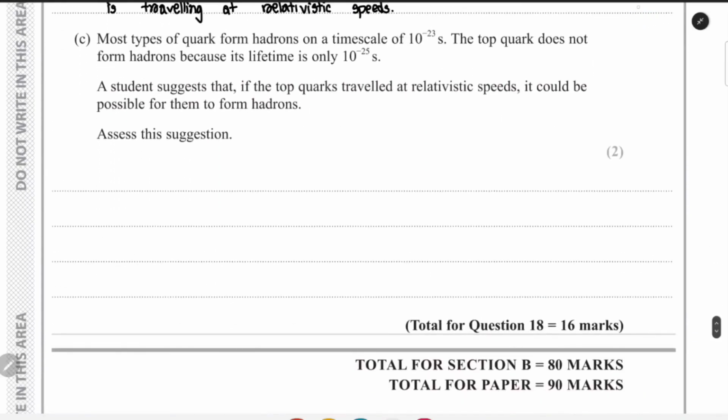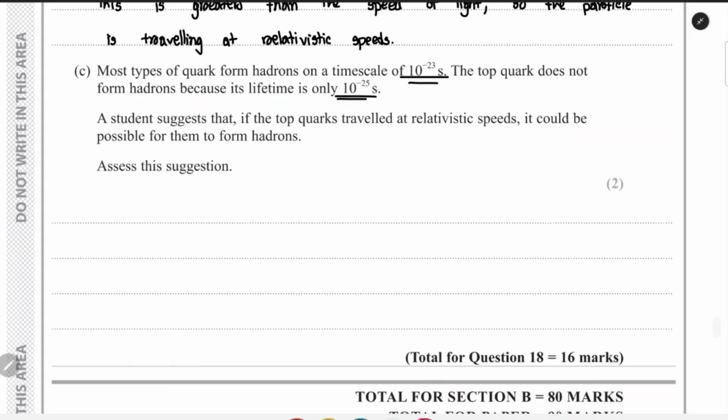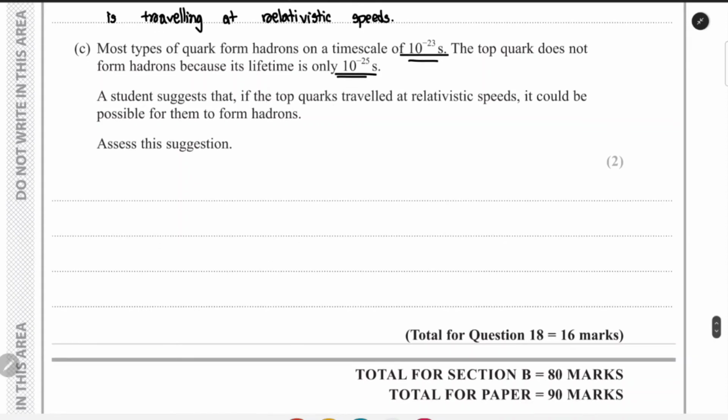Now for the last part, we are told that most types of quark form hadrons on a time scale of 10 to the power minus 23 second, and the top quark does not form hadrons because its lifetime is only 10 to the power minus 25 second. A student suggests that if the top quarks travel at relativistic speeds, it could be possible for them to form hadrons.